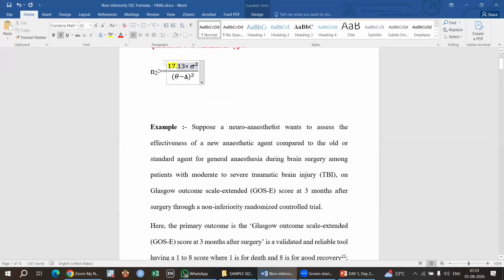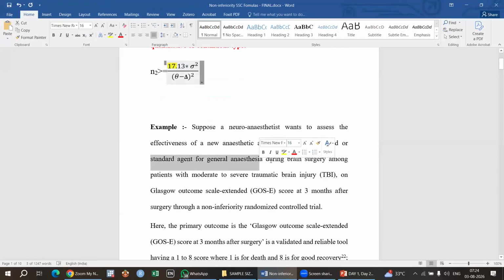Suppose a neuroanesthetist wants to assess the effectiveness of a new anesthetic agent compared to the old or standard agent for general anesthesia during brain surgery among patients with moderate to severe traumatic brain injury, on the Glasgow Outcome Scale Extended.